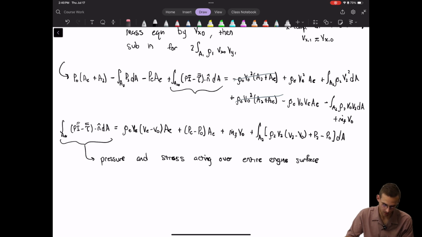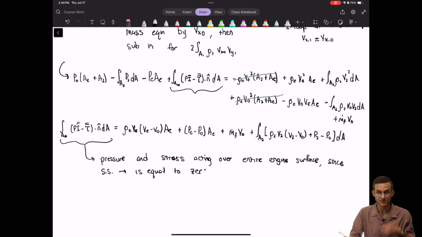Okay, because it's steady state, this has to be equal to 0. So the net forces acting on the engines have to be equal to 0, since steady state means 0, or else you would have some sort of net acceleration, right?